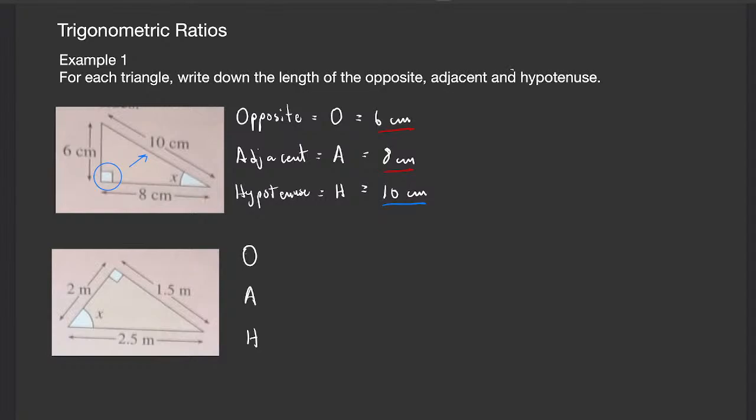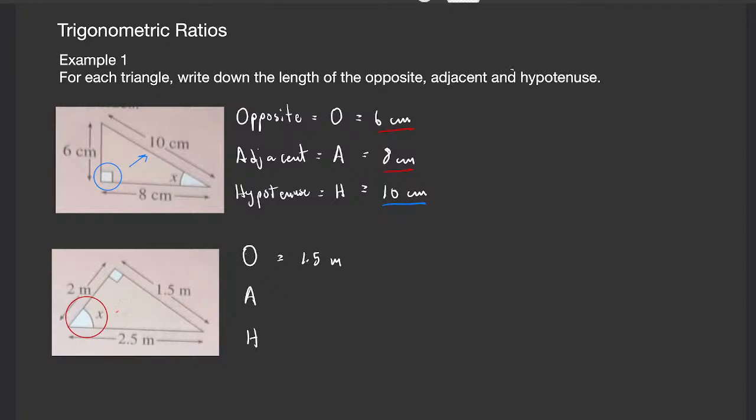And in this example, our angle is this angle X right here, right? So we're looking for the side that is opposite this angle X. And this is this side here, which is the 1.5 meter side, right?